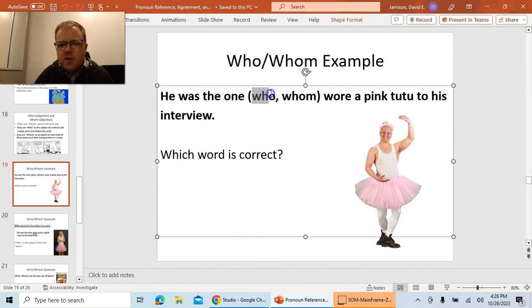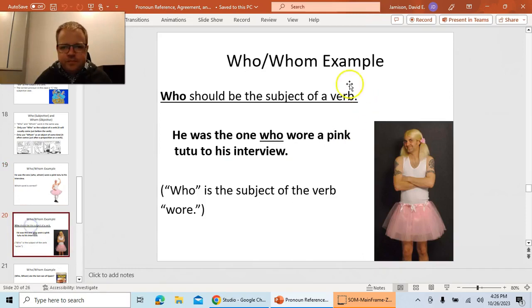If you were saying whom did you put the pink tutu on and send to their interview, then they would be the object of this sentence. But because he put the pink tutu on himself and went to that interview himself, you would use who.